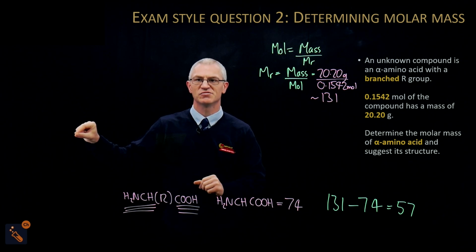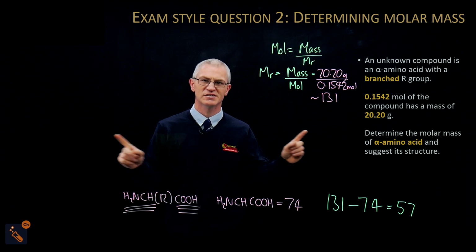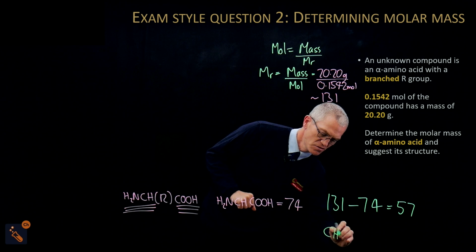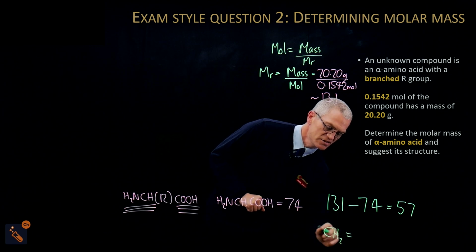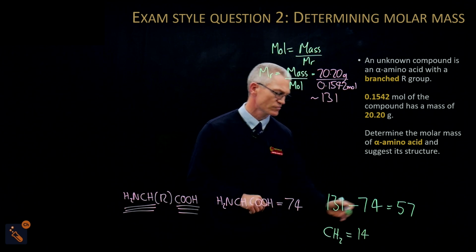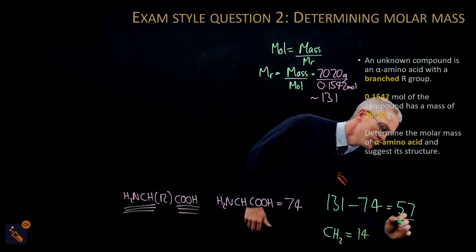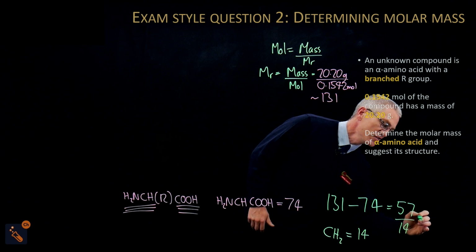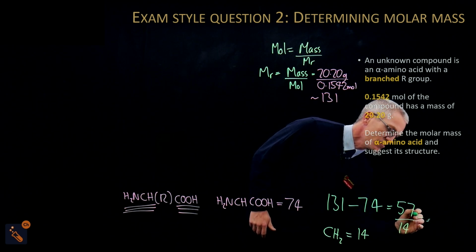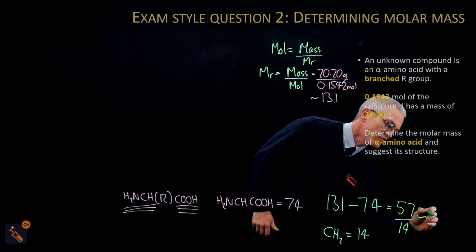They might have CH3s, they might have the odd CH, but they're mainly CH2s. So CH2, if you add up the different atomic masses, is 14. If I divide 57 by 14, it roughly comes out as 4.